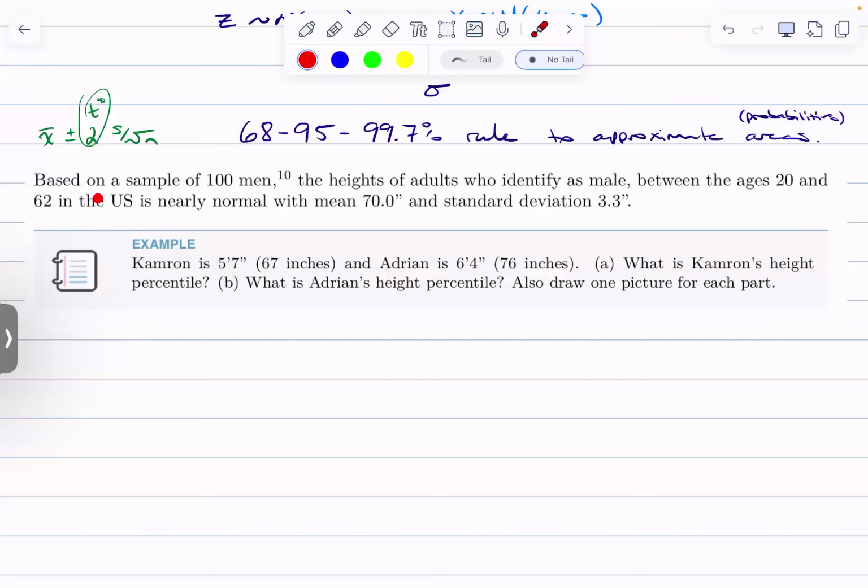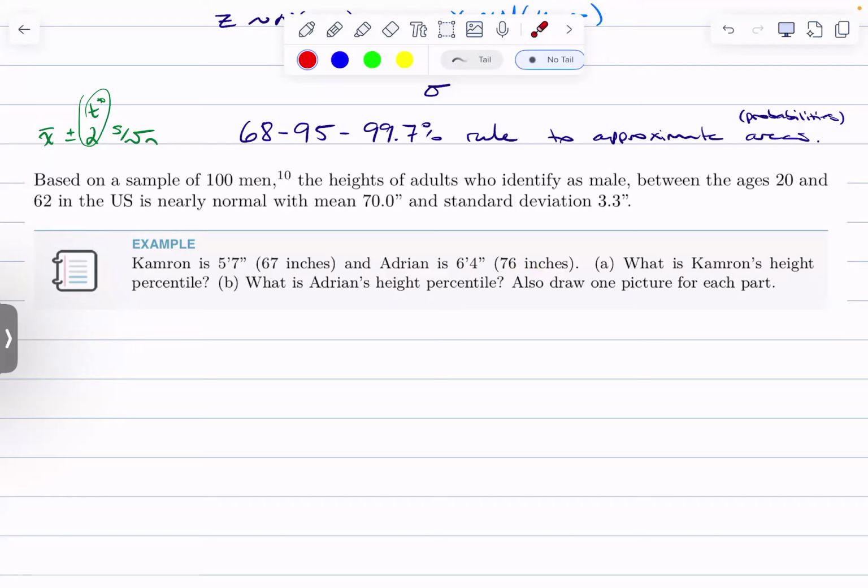Let's talk about heights. So based on a sample of 100 men, the heights of adults who identify as male between the ages of 20 and 62, why 62? I don't know, in the US is nearly normal, with a mean of 70 inches and a standard deviation of 3.3 inches. We're working in inches, that's okay. Cameron is 5'7", 67 inches, and Adrian is 6'4", which is 76 inches.